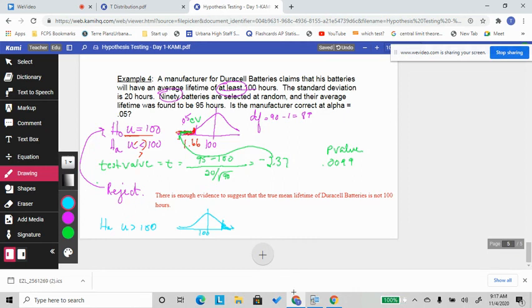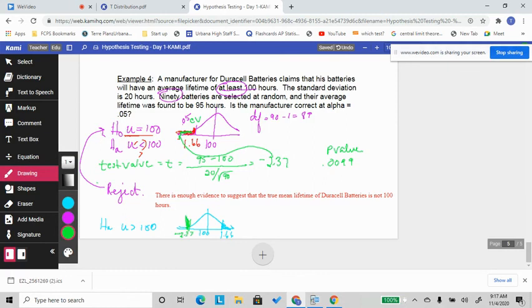Then you would have the exact same critical value of 1.66, just over here on the other side. Then you go to the test value and calculate it. You get negative 2.37, so you're landing over here.